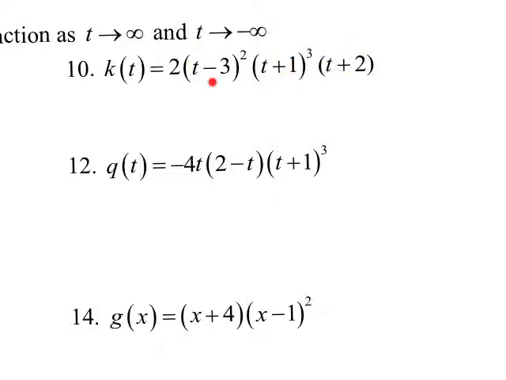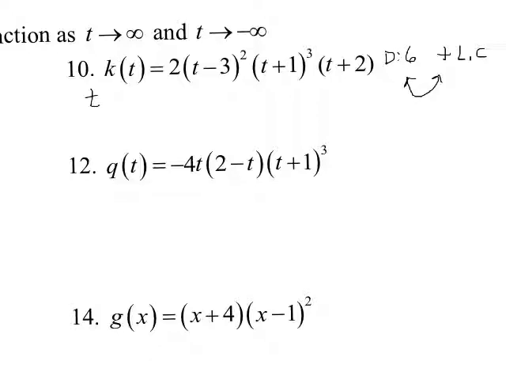So if I were to distribute this all out, I would have t to the 6th. So this is a degree 6. So because I know it's a 6th degree with a positive leading coefficient, I'm going to go to my table, and I remember the table tells me that my end behavior is going to be like that.